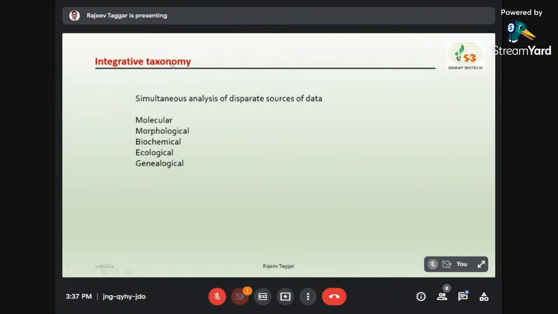So there's a need for integrative taxonomy, and that is the reason you see it in today's taxonomy, not only in gene banks and in industry, but also, let's say, in the Botanical Survey of India. In fact, 2 of my students, I gave my course on DNA barcoding.